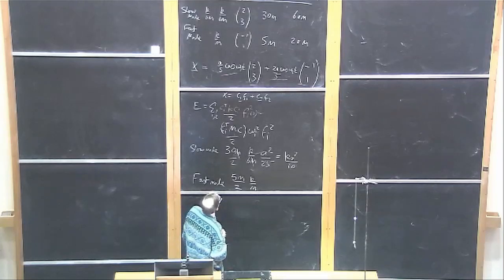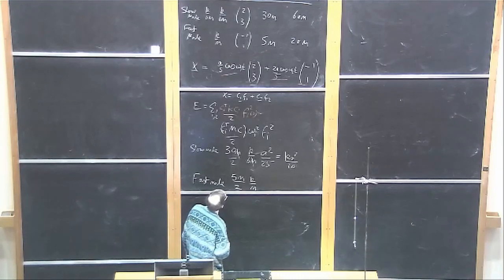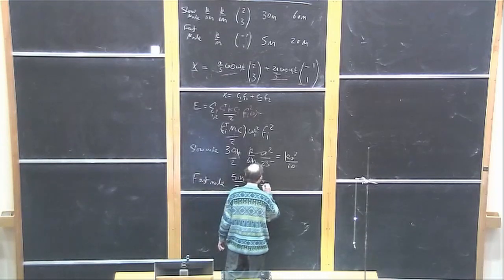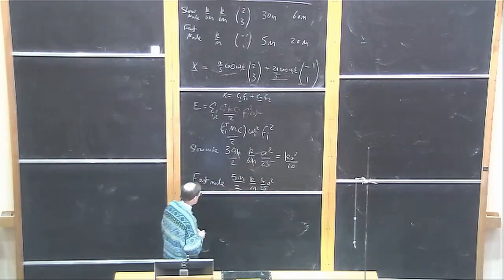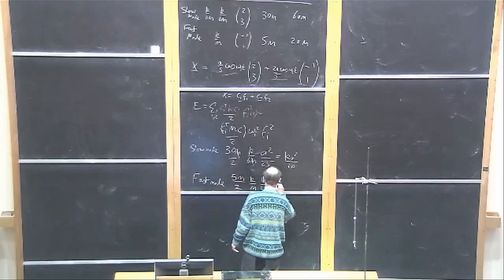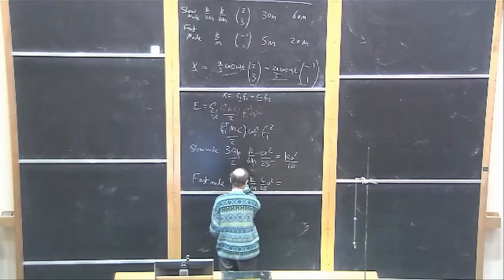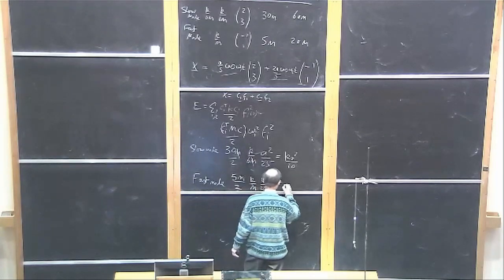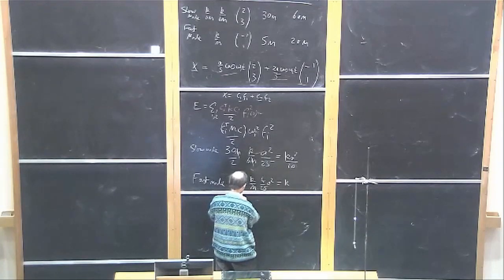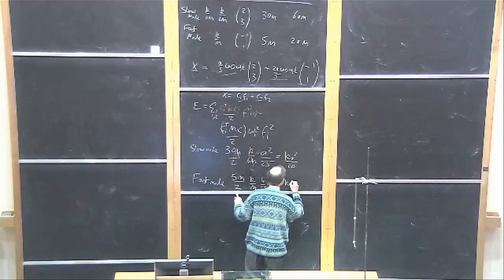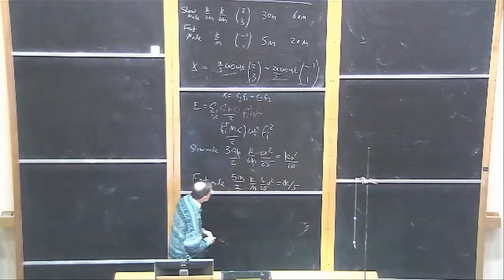The amplitude squared is 4 over 25 a squared, which is k times 20 over 50, 2/5, 2k over 5 a squared.